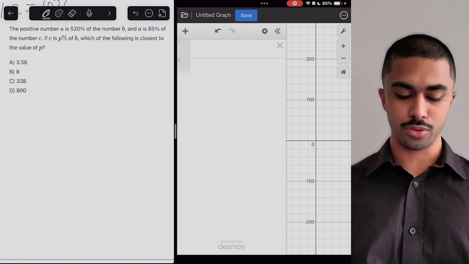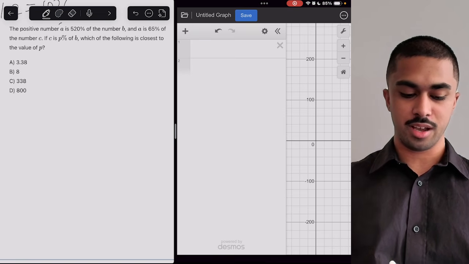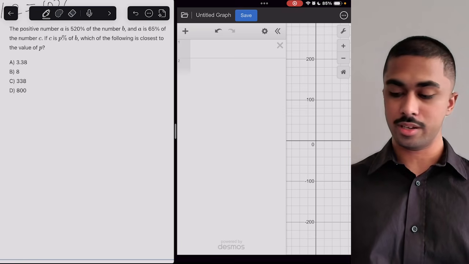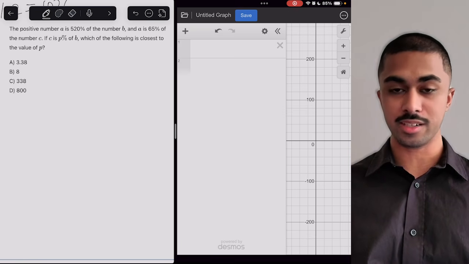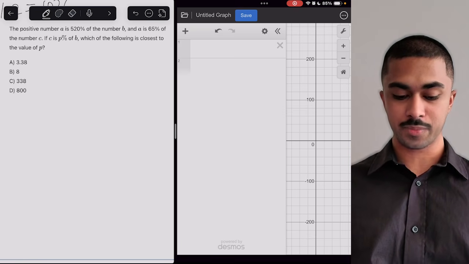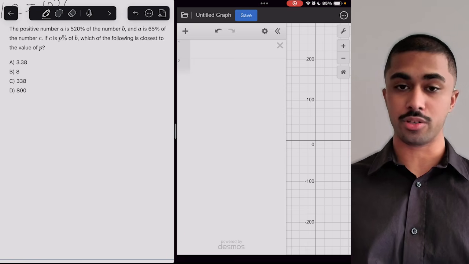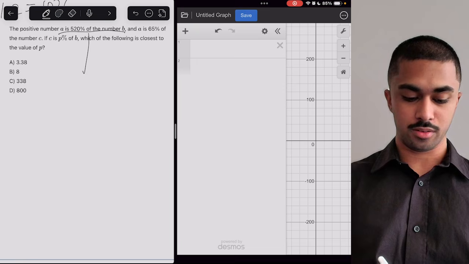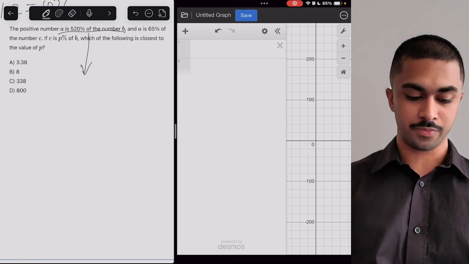Whenever we see these percents and variables, we just have to get used to setting up equations. It is the most predictable, the easiest way to solve this. It is very clear when you start solving percent questions like this what your next step is.